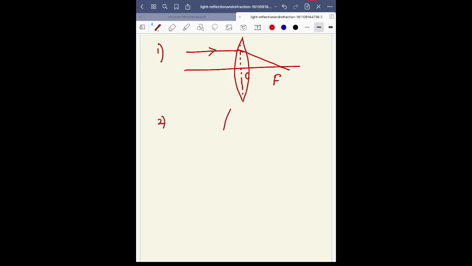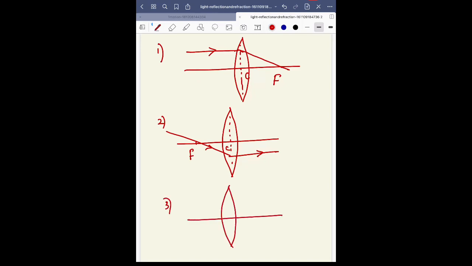The second rule said a ray of light which is passing through the focus, after refraction becomes parallel to the principal axis. The third rule says a ray of light which passes through the optical center will pass undeviated. A similar rule applies to the concave lens also, right?